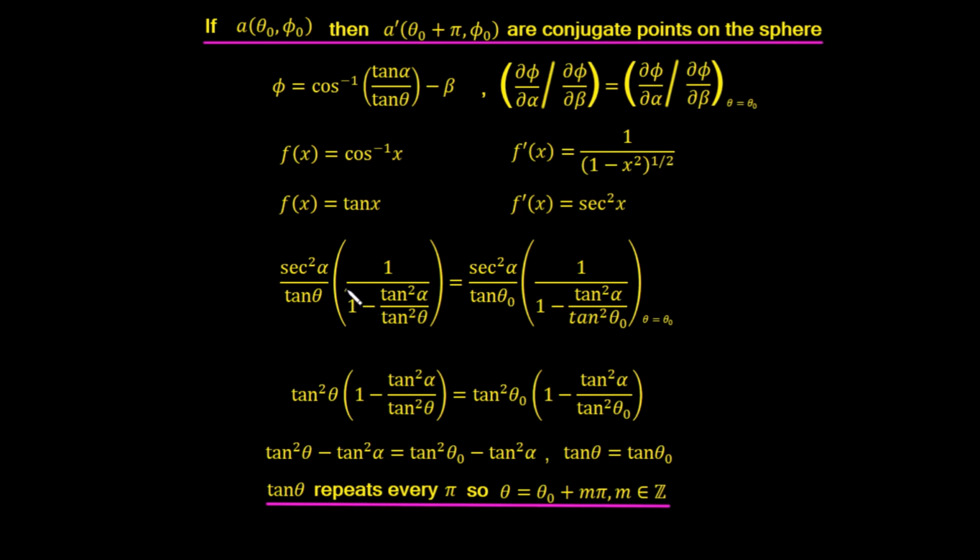So it should be a bracket around that, and that's all to the power of a half. And it's the same whenever we go to the other side, but the only difference now is we're going to be replacing the value of theta with the value of theta naught. So this is exactly the same as this, but theta is replaced with theta naught. And again, we're going to have the power of a half around this.